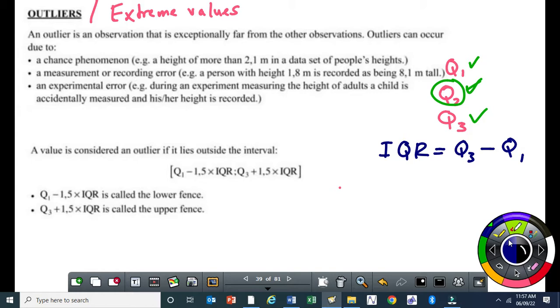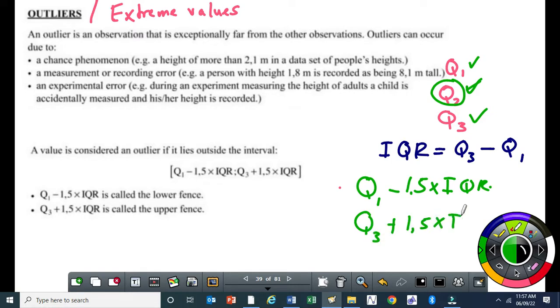That interval has a lower limit which is equal to Q1 minus 1.5 times IQR. That will be the minimum. Then the maximum will be Q3 plus 1.5 times IQR.